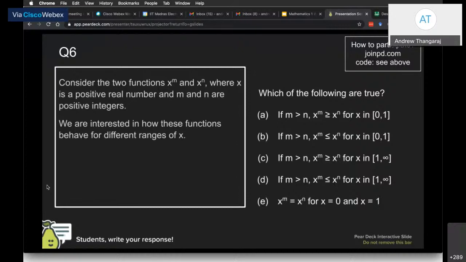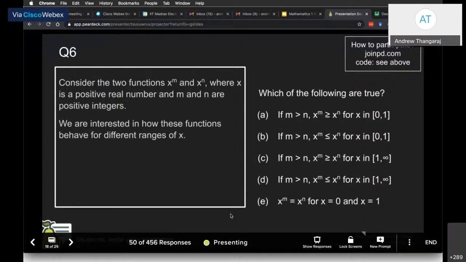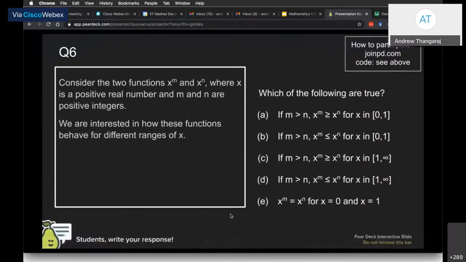I'll give you just one more minute, because I think most people should know this answer. We discussed it during the previous thing. I'll give you about 1 or 2 minutes to put in the answers and then show you how people responded.